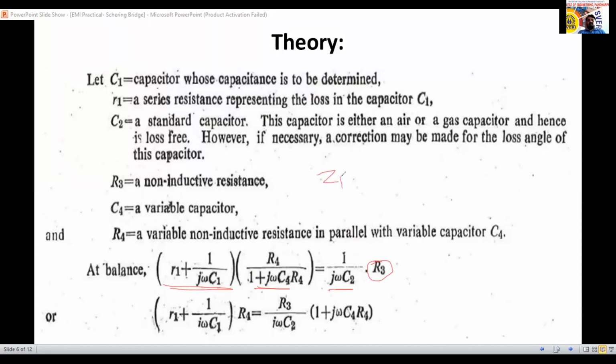Substituting the Z1, Z4, Z2 and Z3 values in equation number 1, we get this equation.